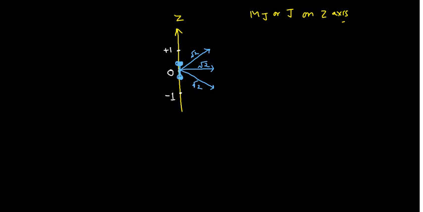These three have the same length, because length represents the magnitude of the angular momentum. If you meet this line here, it will cut at +1. It cannot cut the z axis anywhere around +1, neither here nor there. It will cut at this particular point, and 0 is already there, and the molecule is rotating in that direction.